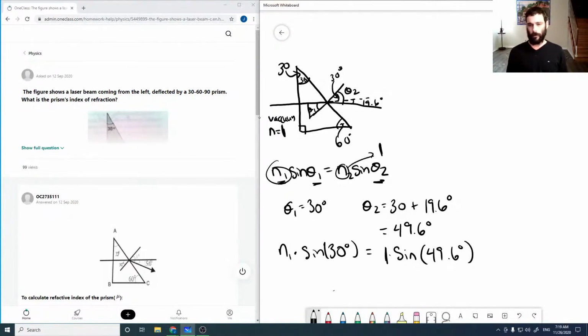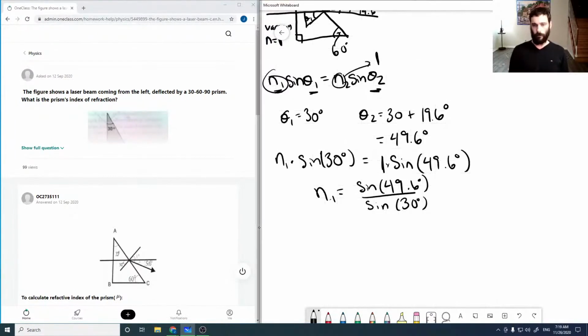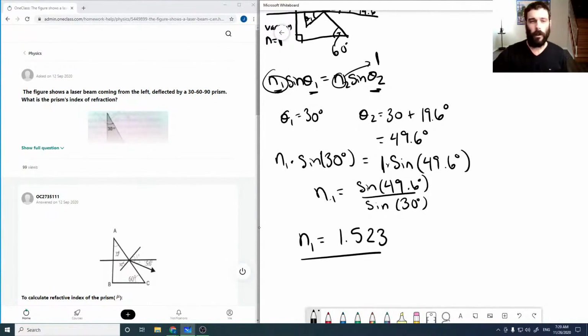So then n1 is the sine of 49.6 degrees over the sine of 30 degrees, which, when we run this through our calculator, n1 is 1.523. So the index of refraction of our prism is 1.523.